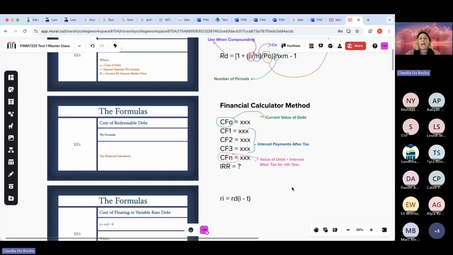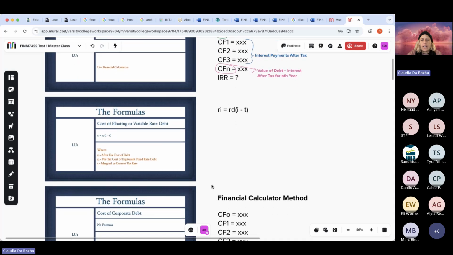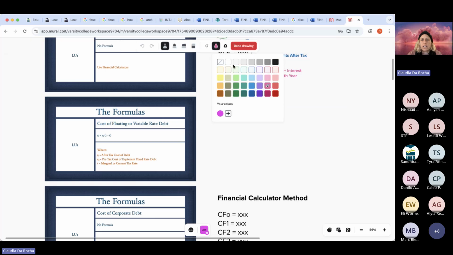Yeah. And then you compute for IRR. So it would be the same way you would have done it in 3A, the same way you would use your calculator. Okay, then again, your cost of floating or variable rate debt. It's basically your debt before tax.